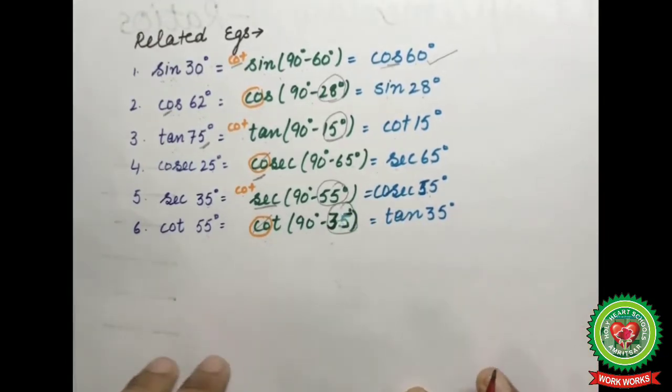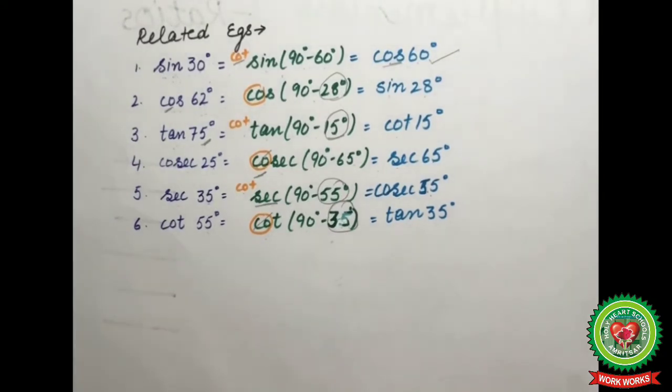Now students, how will we know whether we have to apply the concept of standard angles or the complementary T ratio? If in the given sum, the two given angles are not standard angles, and the sum of those two angles comes out to be 90 degree, that means we need to apply the concept of complementary T ratios.